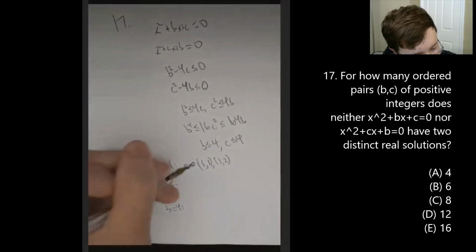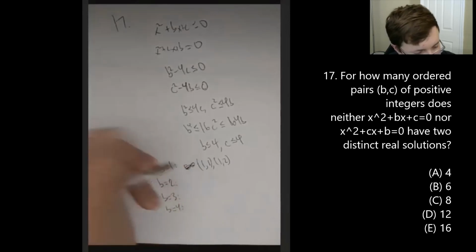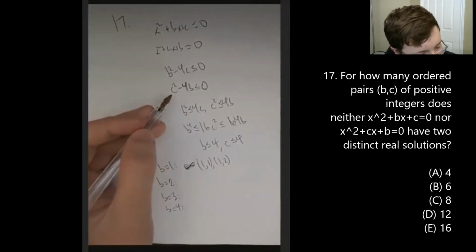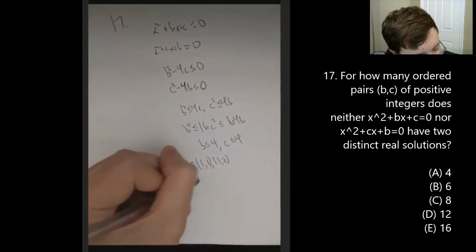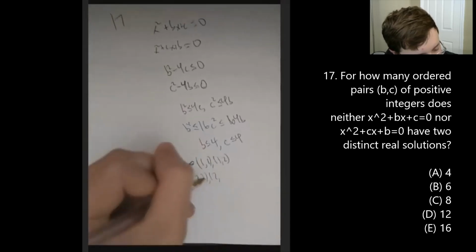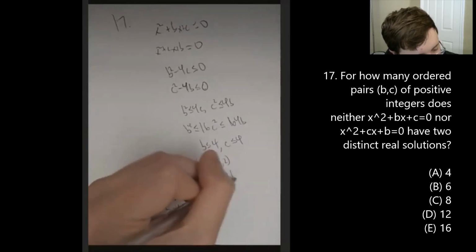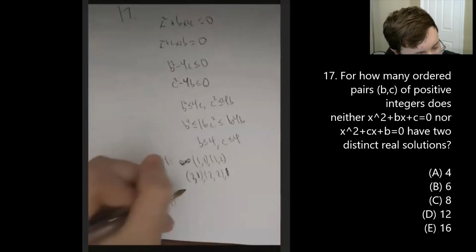Okay, b equals 2. I get c is at least 1, which is still fine from the first inequality. And the second one is c squared is less than or equal to 16, or 8, sorry. So I get 2, 1, 2, 2, and I think that's it. c squared minus 8, yeah. Okay, b equals 3.